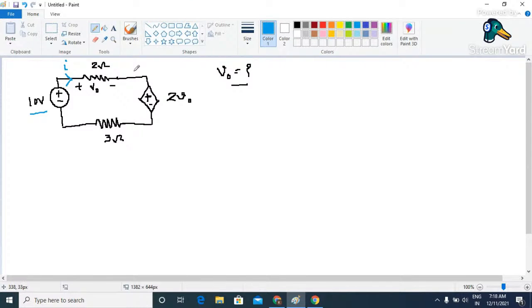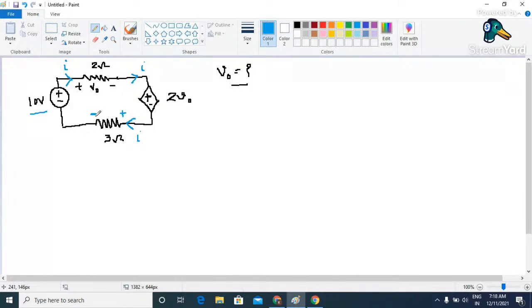Then the same current I is flowing through this because all are in series combination. So the moment we have a flow of current through this 3 ohm resistor, here we need to indicate the polarity. So this is going to be plus and this is going to be minus.